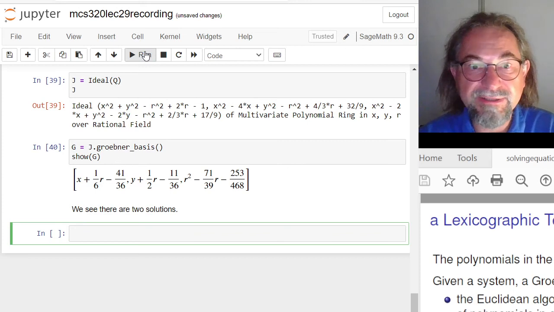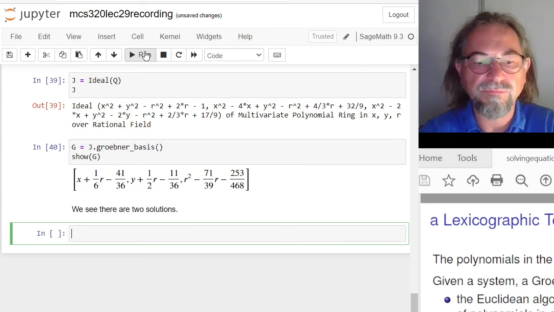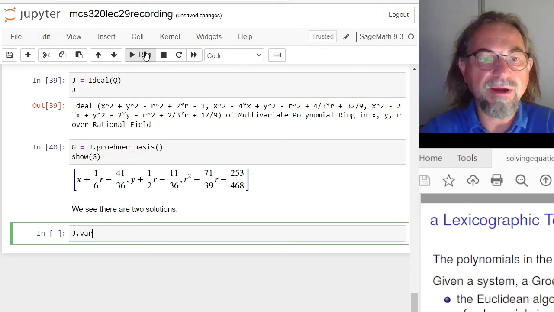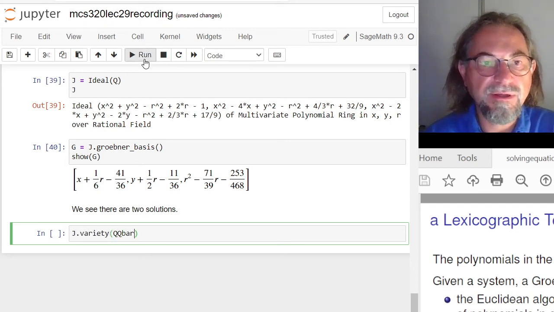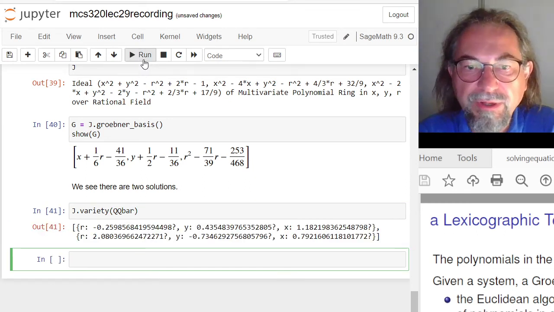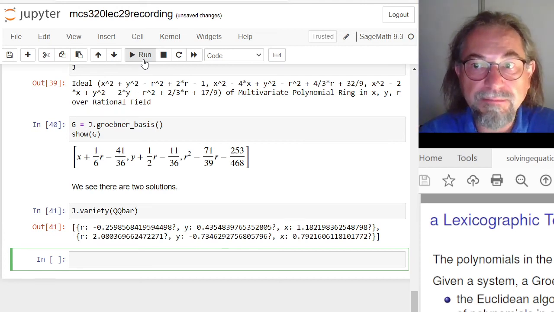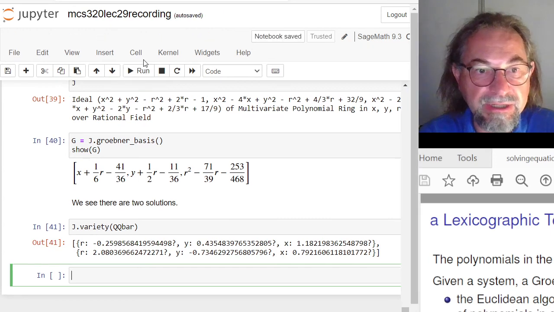Now then there is the solving. I can solve this by asking for the variety of the ideal, and I can do this symbolic numerically. We've seen the QQ bar appearing in the symbolic numeric factorization of a polynomial, and this is also what happened here.